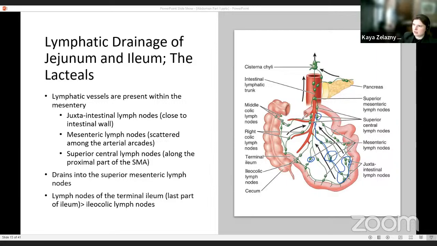So this is how we are draining our lymph back up and in. The one difference is that when you're looking at the terminal part of the ileum, we do have a specialized structure. So you do have ileocolic lymph nodes here when we're talking about that specific kind of juncture there.